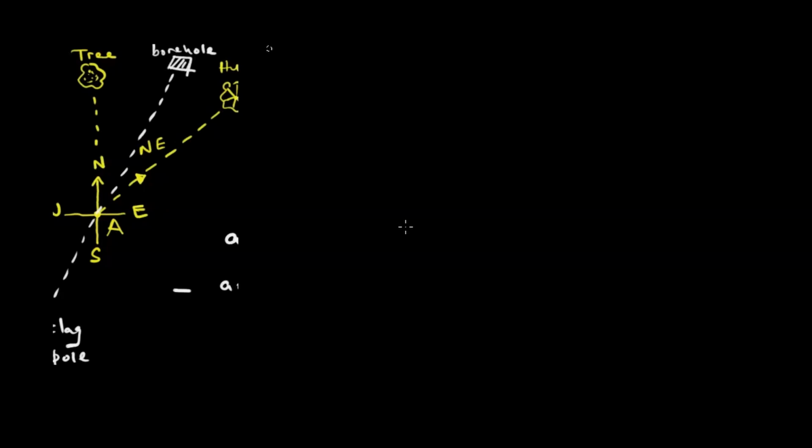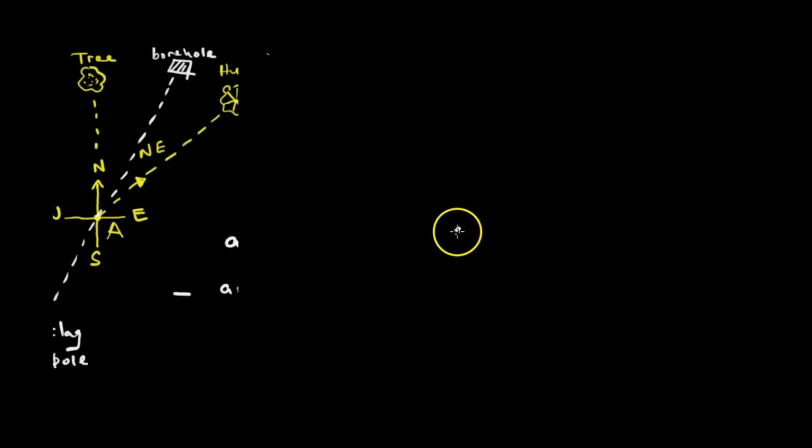This means you are standing at A holding a compass in your hands. So let us start with the ball. This is A. Of course, on our compass the pointer is pointing north. Then we have this line where we have the ball.